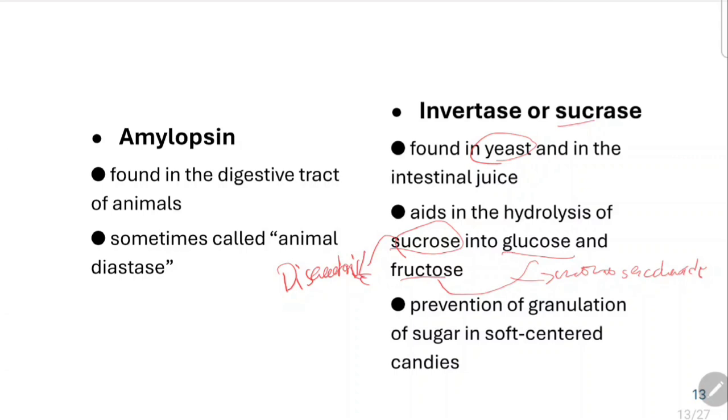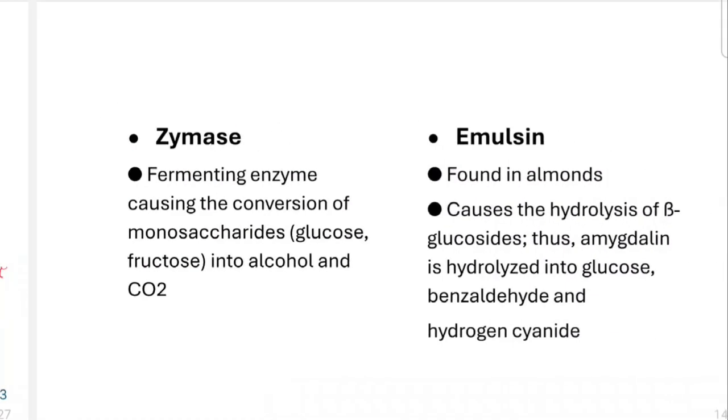They are one molecule sugar, while this is two molecule sugar. It prevents granulation of sugar in soft-centered candies, so usually ginagamit din siya in production of your candies.